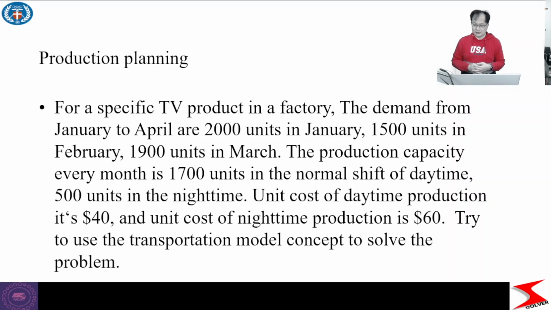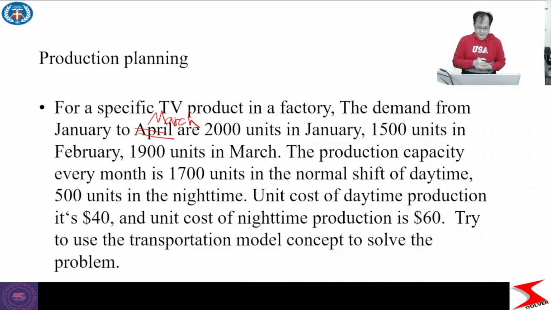The demand from January to April is 2,000 units in January, 1,500 units in February, and 1,900 units in March. I think there is a typo here because we only have 3 months, from January to March.